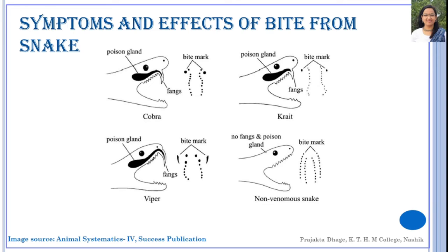So it depends on the type of the snake, the virulence of the venom, the amount of venom injected, and also on the circumstances under which the snake bites. In the same snake, the degree of virulence may differ according to the circumstances. Thus a person bitten may recover or die depending upon the above mentioned conditions.